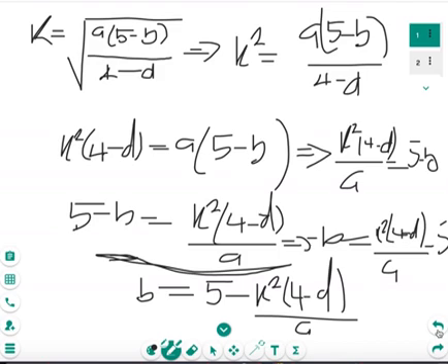You didn't say minus k squared. You can say minus k squared into bracket 4 minus d bracket close over a plus 5. The same thing.